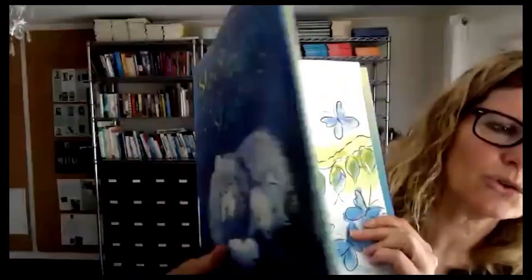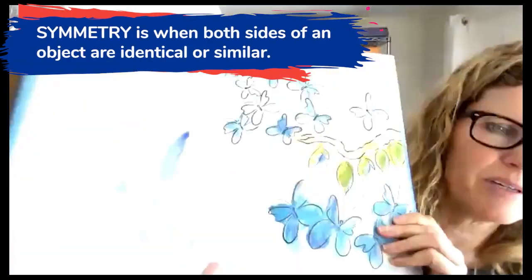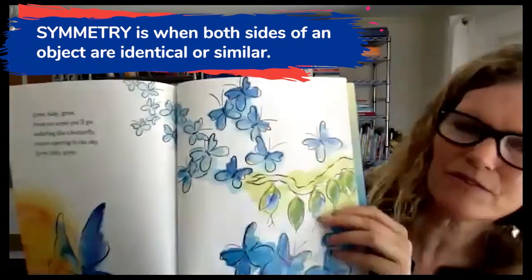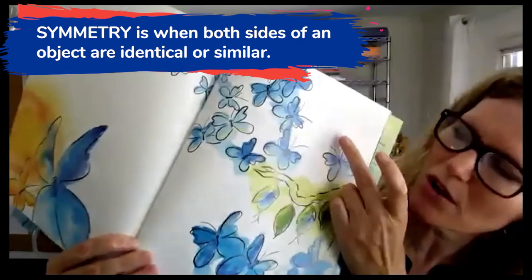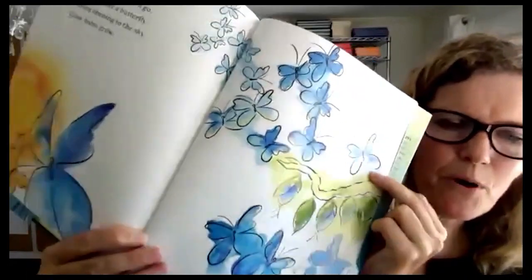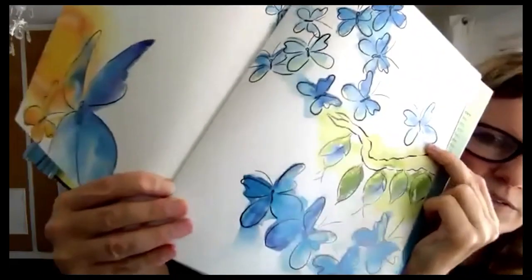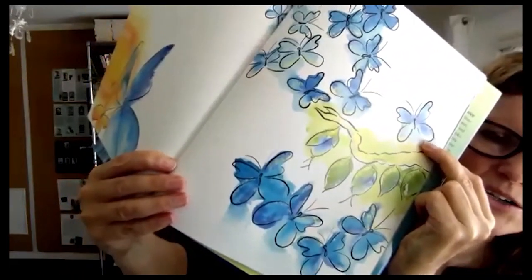So another idea I want to introduce before we move on to our exercise is actually two ideas. One is an idea of symmetry. If I look at this, this is also from a book I illustrated called Sleep Baby Sleep. These are butterflies. And if you look at this particular butterfly over here, if I were to draw a line through it, then both sides, the butterfly's left side and the right side, are somewhat similar.